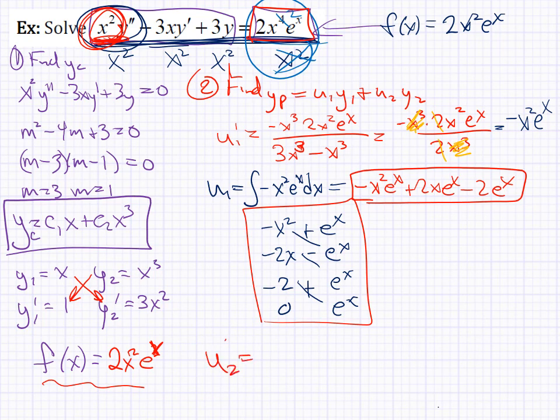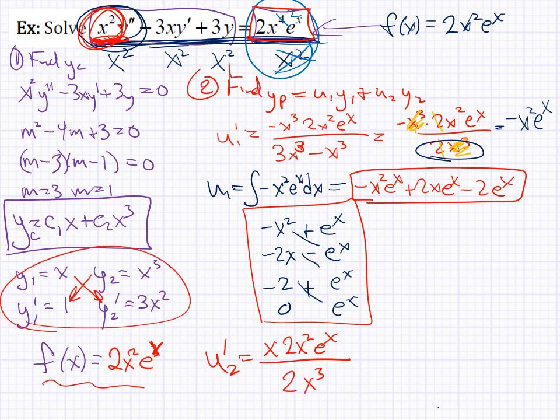u2 prime first is going to be y1 f of x, so x times 2x squared e to the x over the same denominator again, which remember was 2x cubed when we've multiplied this determinant out.